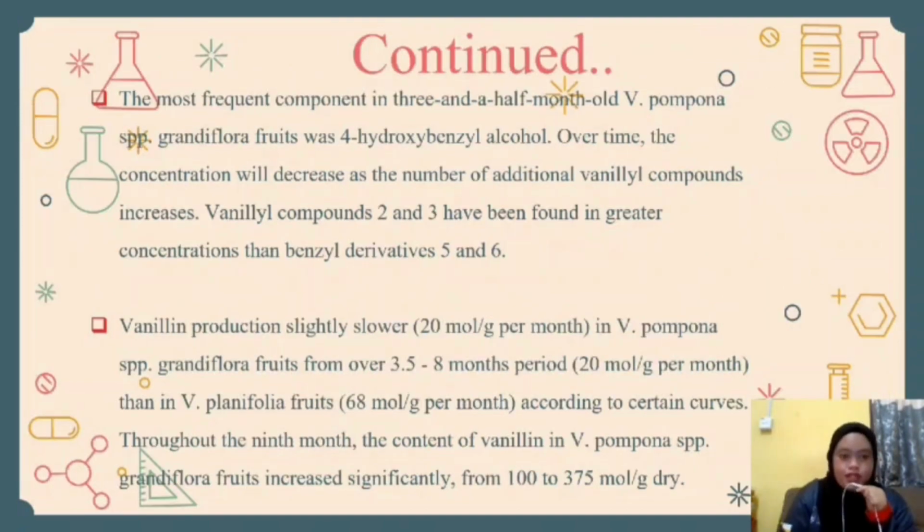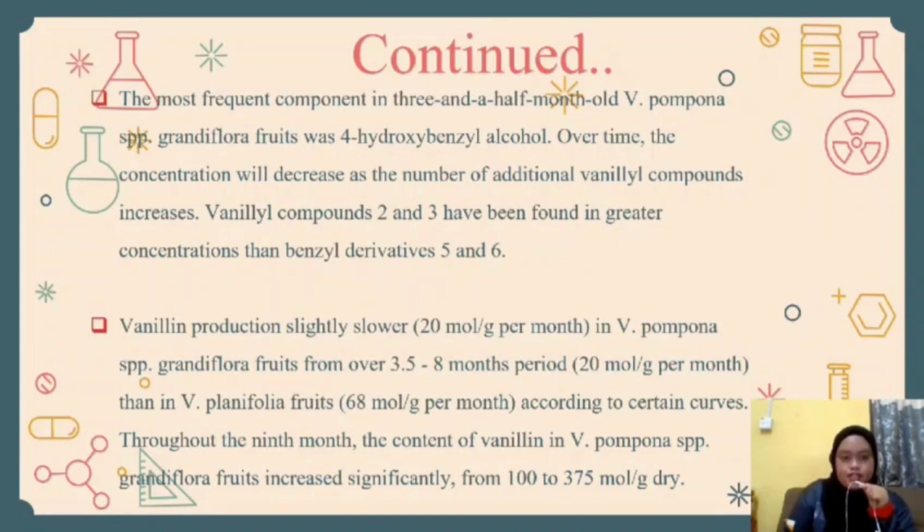The most frequent component in 3.5-month-old V. planifolia grandiflora fruits was 4-hydroxybenzyl alcohol. Over time, its concentration decreases as the amounts of the other vanillin compounds increase. Vanillin compounds 2 and 3 have been found in a greater concentration than benzyl derivatives 5 and 6.